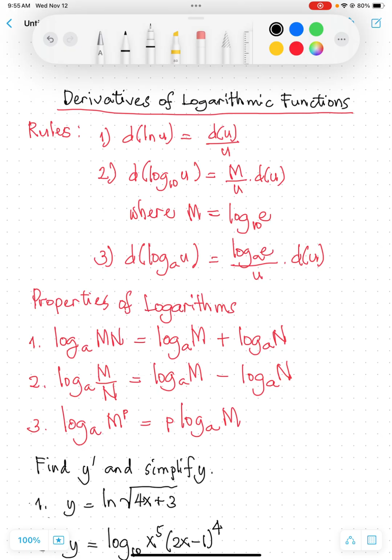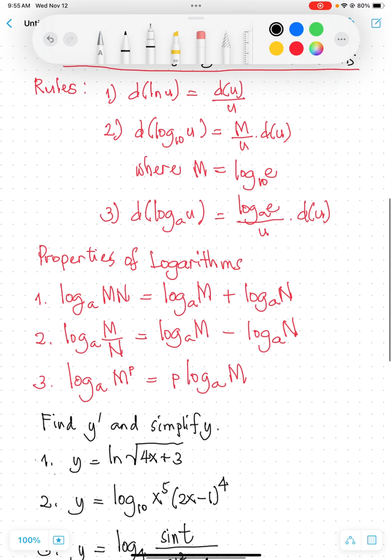And number 3, derivative of log to the base a of u equals log to the base a of e divided by u times derivative of u. So in this topic, we are going to use these properties of logarithms. Number 1, log to the base a of m times n equals log to the base a of m plus log to the base a of n.